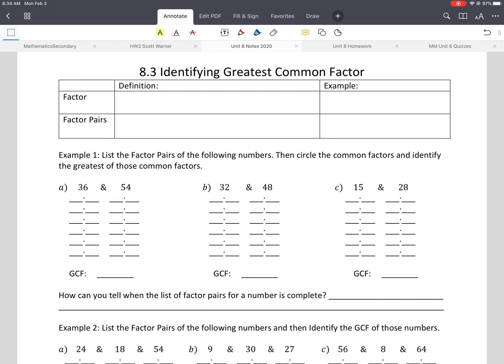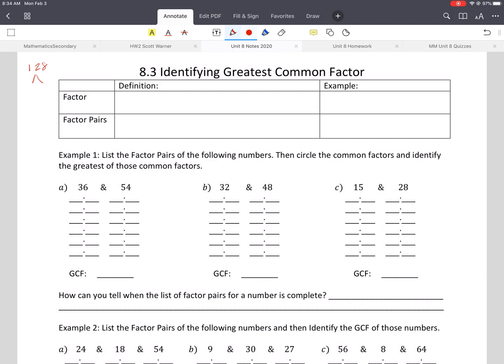In fact, we talked about prime factorization, where if I gave you a number like 128, we would do a factor tree, and we would want to find all of the prime factors, which would be the end of your factor tree.